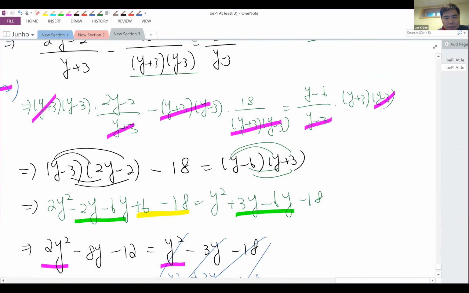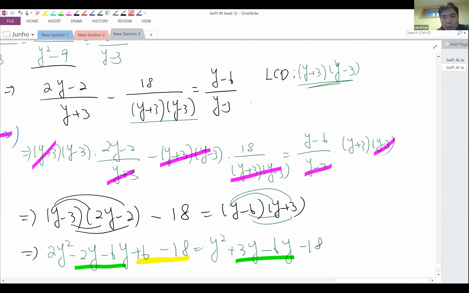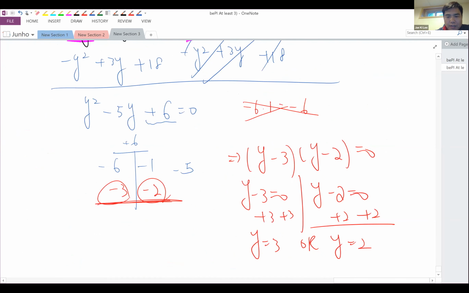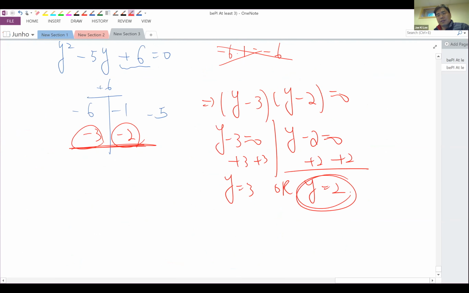So y equals 2 and then y equals 3. Does any y make one of these factors equal to 0? Yeah, number 3. Unfortunately, it cannot be the answer. Therefore, our final answer, y equals 2 only.